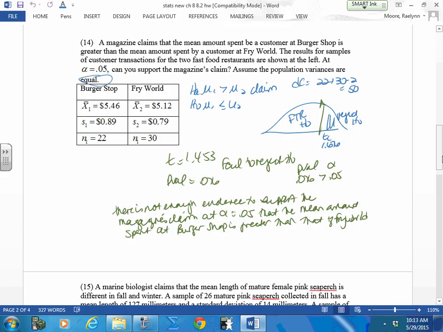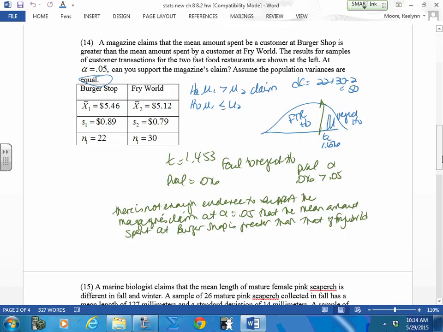It's not even close, and it's a decimal. But make sure you understand your degrees of freedom. So we add the 22 plus 30, and we subtract 2, and your degrees of freedom is 50. If you use your tables, you need your degrees of freedom. If you use your calculator, you need your degrees of freedom. So either way, you need that.